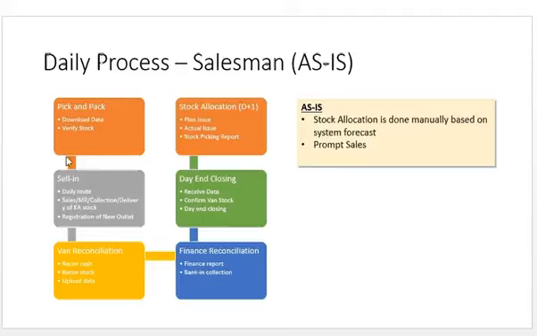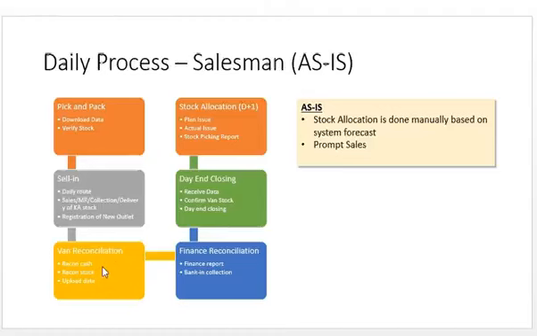So once they finish visiting all the outlets in their daily route list, now it's time to go back to the warehouse. The first thing that they will do is a reconciliation of the remaining stock that they have in the van.